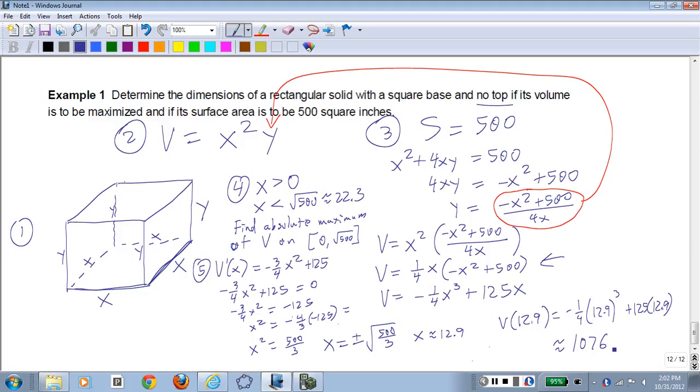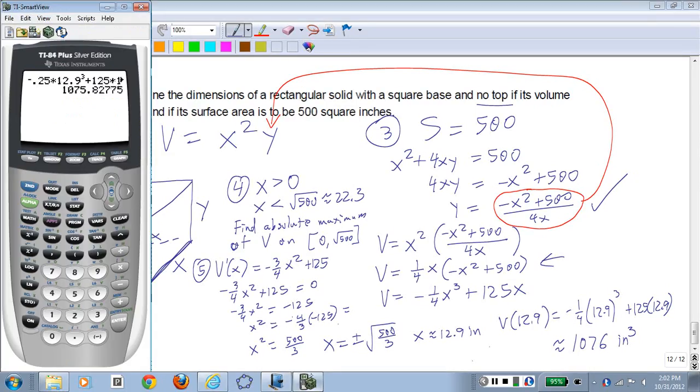It says find the dimensions. I have the base. I don't have the height, though. How could we find the value of y, the height? Plug it into the line first. That'd be one way to do it. Plug it in right there.